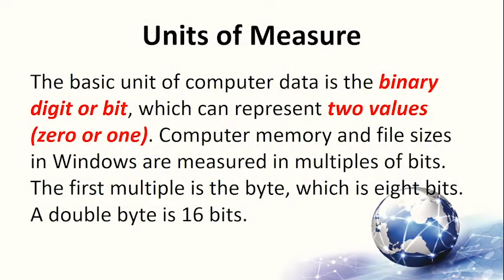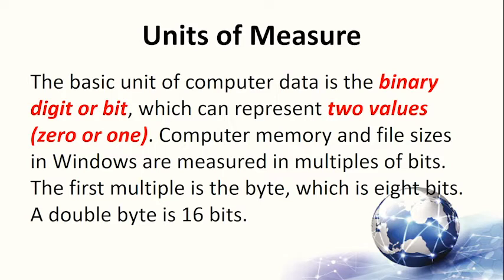For the units of measure, the basic unit of computer data is the binary digit, or bit, which represents two values, your 0 and 1. Computer memory and file sizes in Windows are measured in multiple bits.